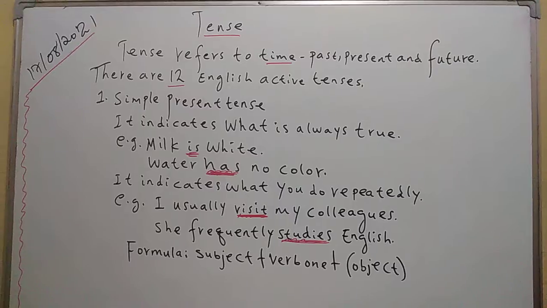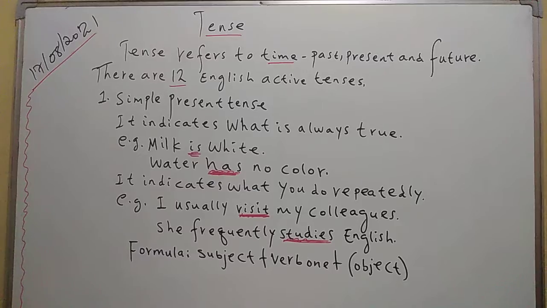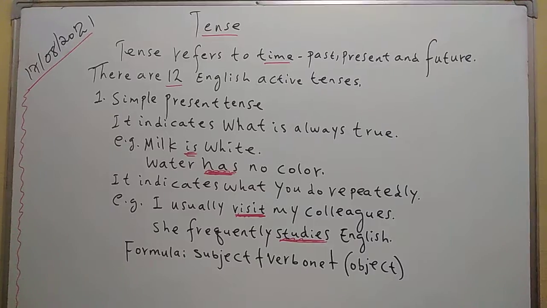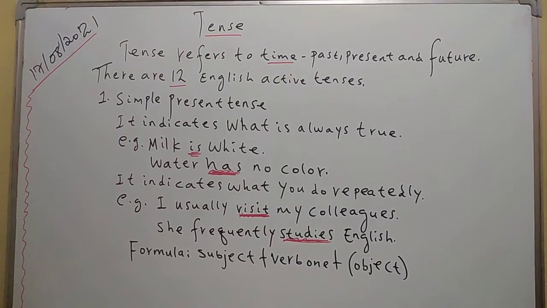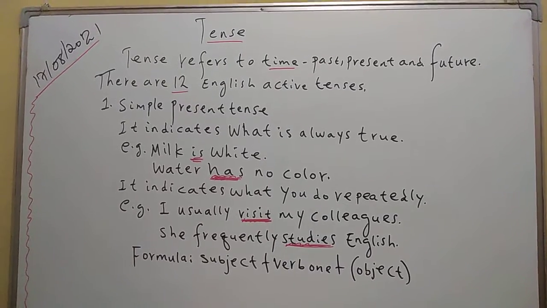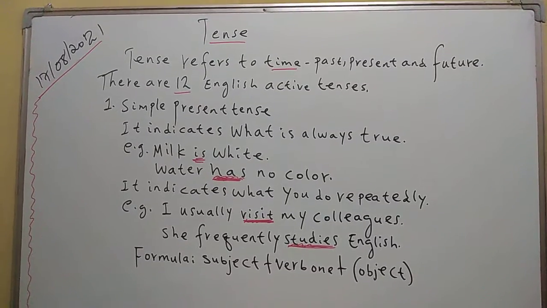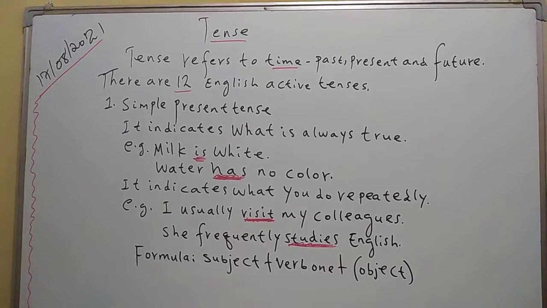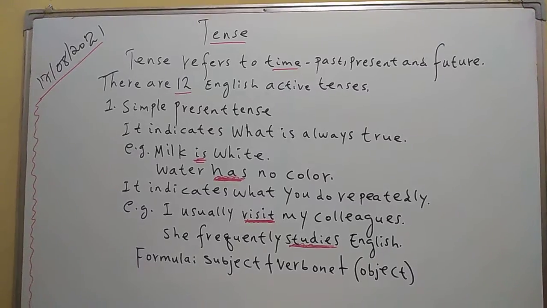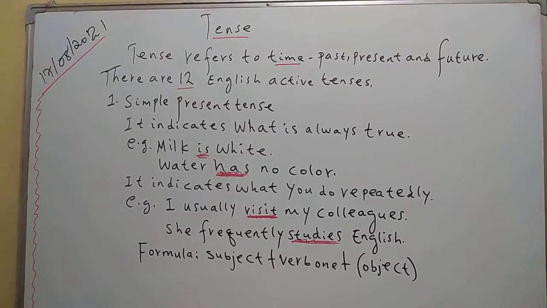Here the object is optional, because you don't have to put an object unless the verb that we are using is a transitive verb, right? For example, I can simply say I sleep, right? When I say I sleep, no need to use any object. I may say I sleep now or I sleep here, right?